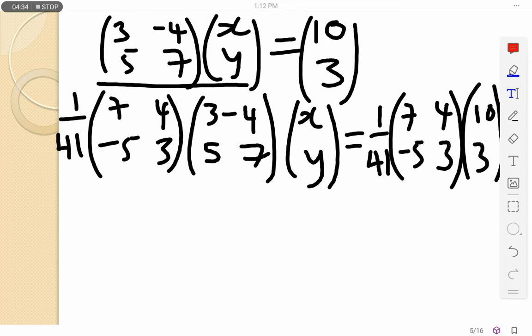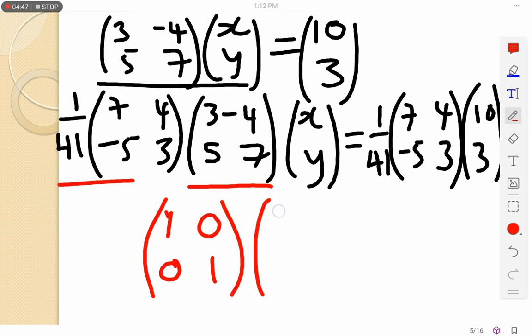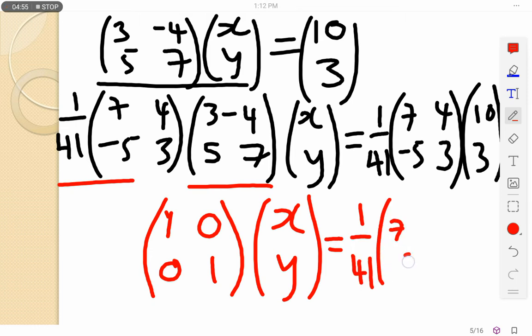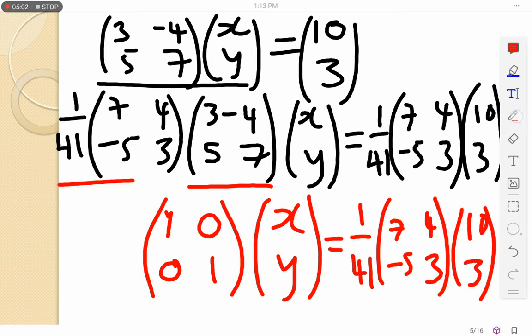So if we are to look at our inverse multiplying its matrix, the result we said we get an identity 1, 0, 0, 1. I will show you before the end of the lesson how we come up with that. So this becomes equal to 1 over 41, 7, -5, 4, 3, 10, 3, like that.